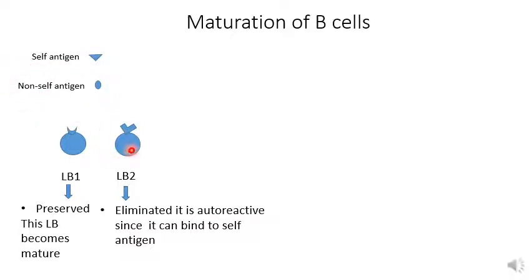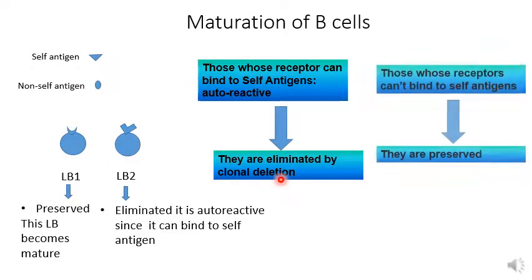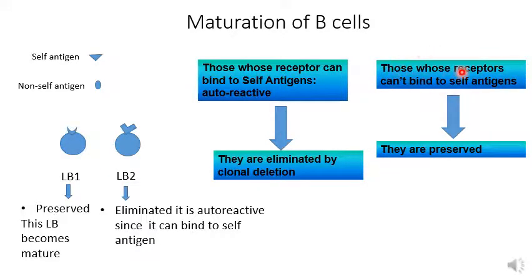However, LB2 carrying a receptor that can bind to self-antigen is autoreactive and should be eliminated. So, all lymphocytes whose receptor can bind to self-antigens are autoreactive and are eliminated by clonal deletion, while all lymphocytes whose receptors can't bind to self-antigens are preserved.